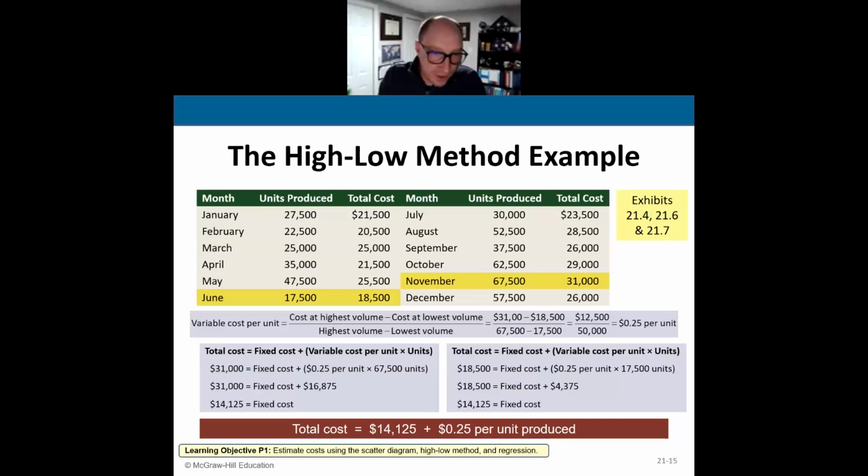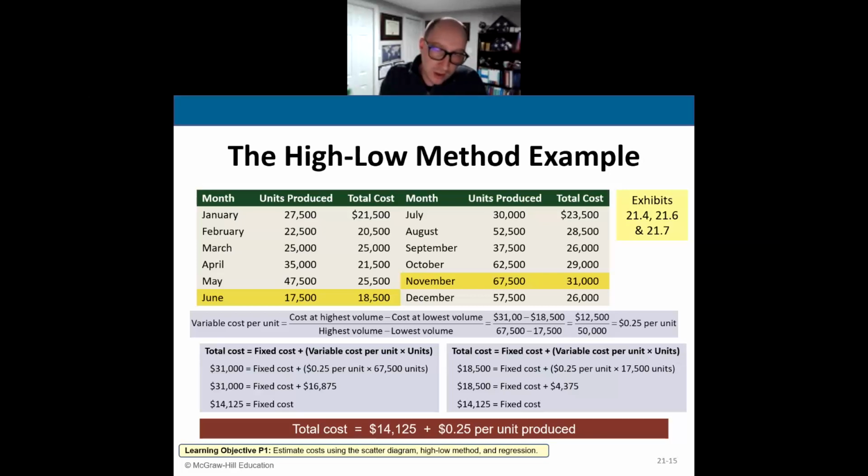To find the fixed cost, I need to do a little mathematics. I don't know what my fixed cost is. That's what I'm trying to solve for, so I'm solving for X. On the left side of the equal sign, I have 31,000 equals fixed cost, which is X, plus my 25 cents per unit times the number of units produced at the high level. In this case, 67,500.